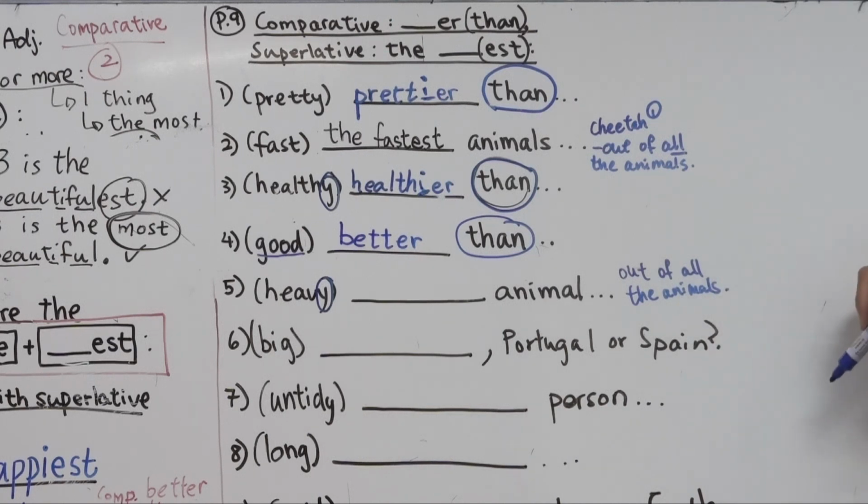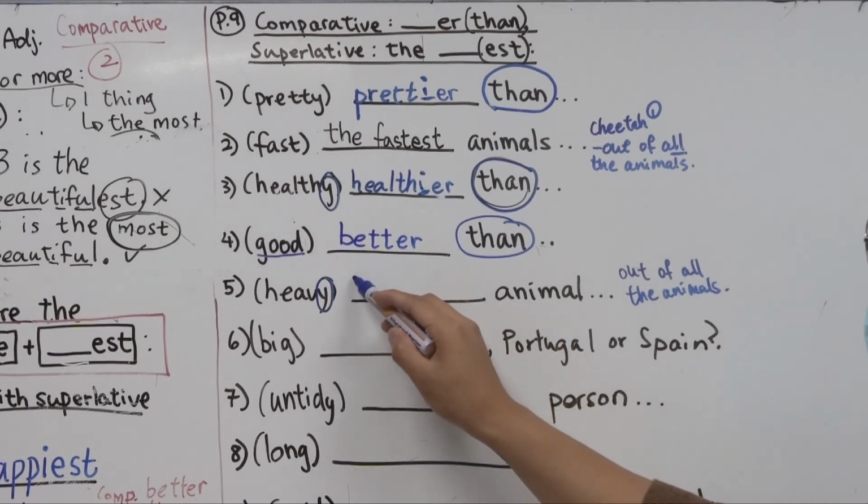For example, just an example, don't think this is true. If we have 50 animals in the world and every animal is very small, only one animal is very big, so it's very heavy, and that animal is the blue whale. So this blue whale is the what animal in the world? So the word is heavy, similar to question 1 and 3. We have to put in the word heavy.